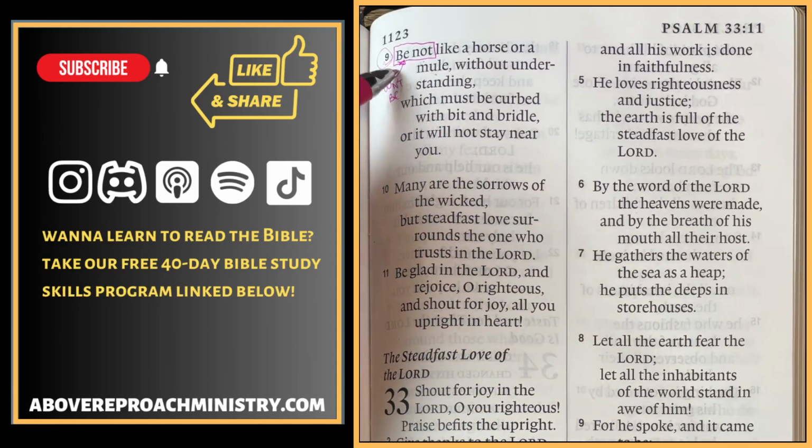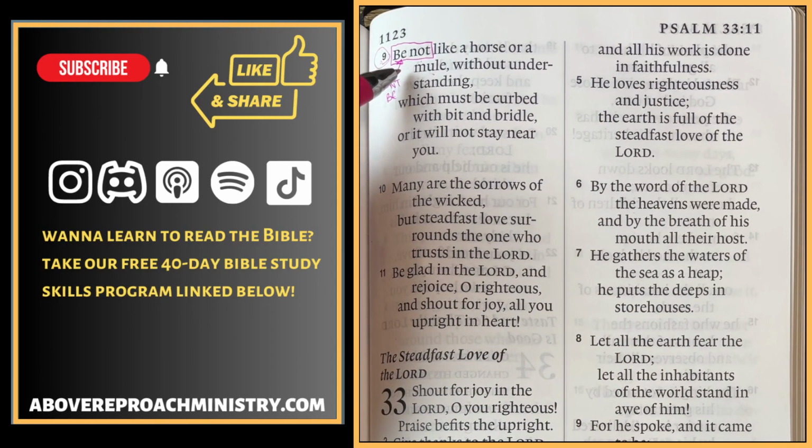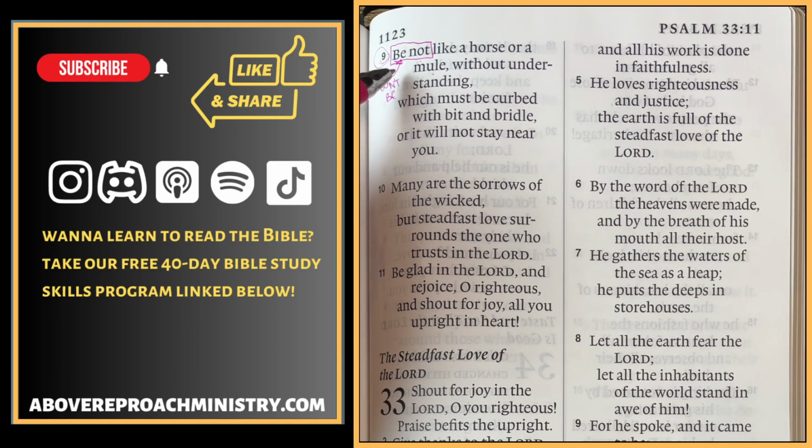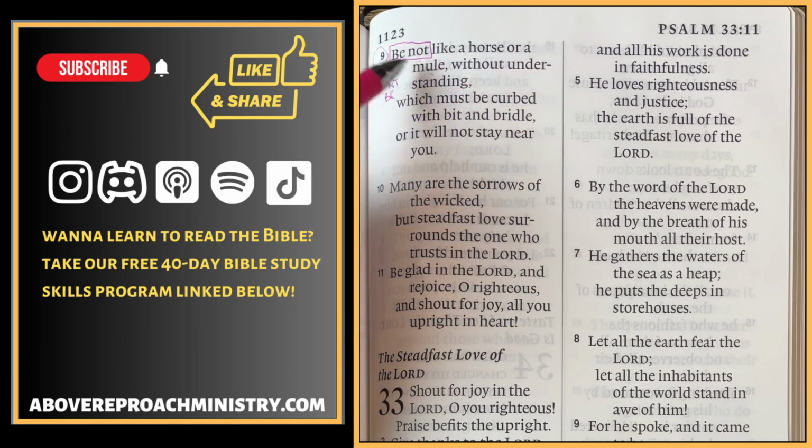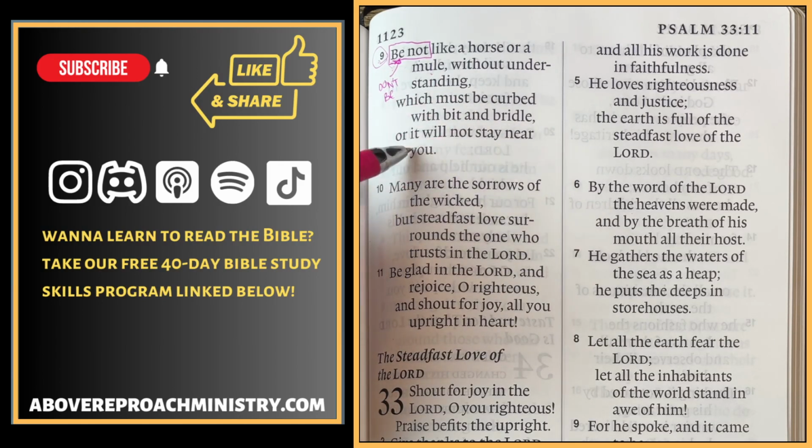Read that, compare it with other translations, which you can do in the Bible app. Or go to the original Hebrew or the Greek and look at the phrase and how it's used in other contexts to make sense of what it means. Here it means don't be like a horse or a mule without understanding, which must be curbed with bit and bridle, or it will not stay near you.